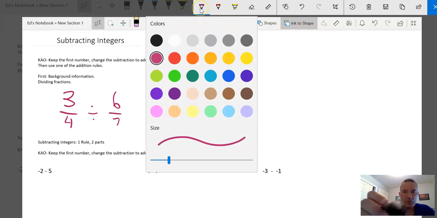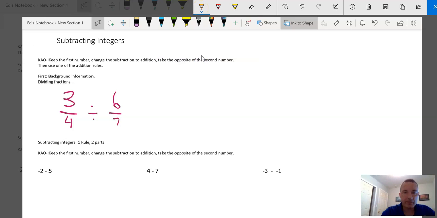So what was the rule when we were doing that? We would do keep, change, flip. But a lot of teachers don't like that. They like to say the words keep, multiply, reciprocal. And we told you to get used to that, keep, multiply, reciprocal, because reciprocal is really the math term. So what would that look like?